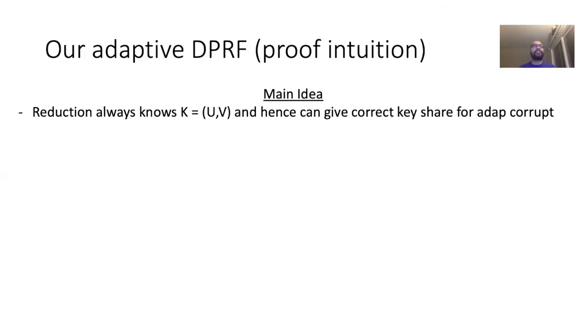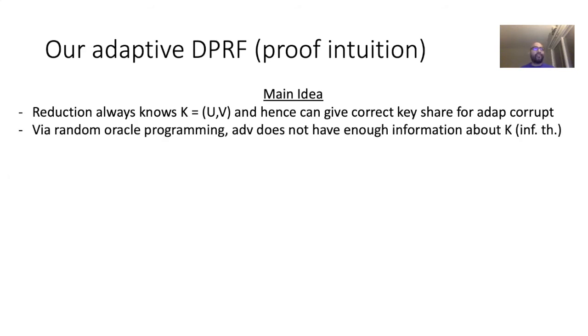But we have to make sure this is consistent with the other information the adversary gets. For that, we use random oracle programming in such a way that the adversary does not have enough information about K from the other parts. K has enough entropy, and we leverage that in the proof.